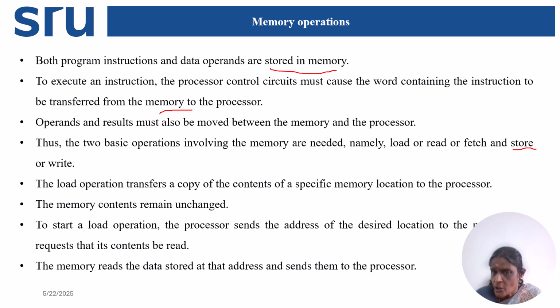Based on the memory address, the controller will go to the particular memory location, take the data and give it to the processor. The memory contents remain unchanged. Only the data is given for the operation, but in that memory location the content will never be changed because we are only copying. For our necessity we are reading the data, that's all. So the content will never be changed.